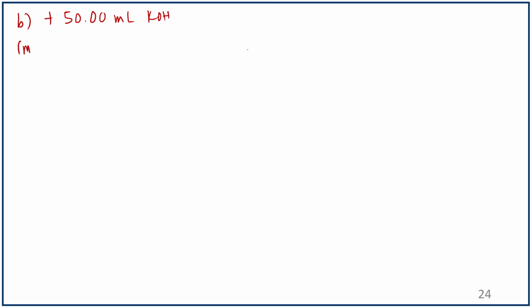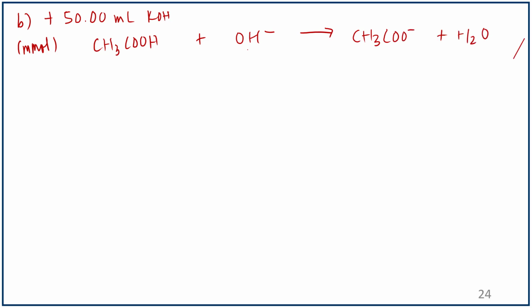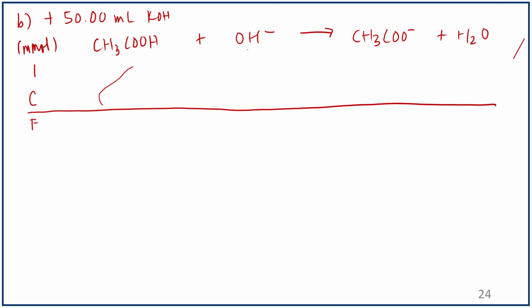So millimoles, and then the reaction is we have acetic acid plus hydroxide ions going to form acetate ions plus water. Since this is millimoles, let's calculate the millimoles of each of these components. For acetic acid, that should be 100.0 ml times 0.200 molar.